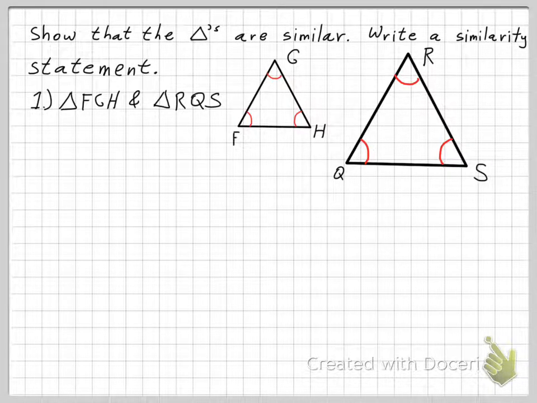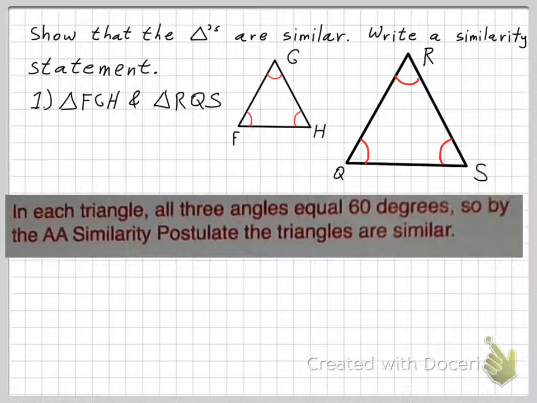So then we have that in each triangle, all three angles equal 60 degrees. So by the angle-angle similarity postulate, the triangles are similar. Okay? So that's how the angle-angle similarity postulate will be used. And so the similarity statement is that triangle FGH is similar to triangle QRS.